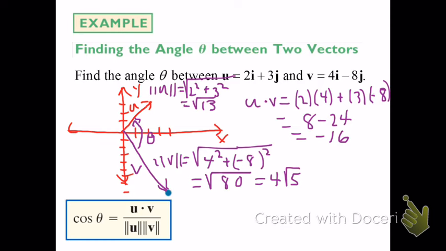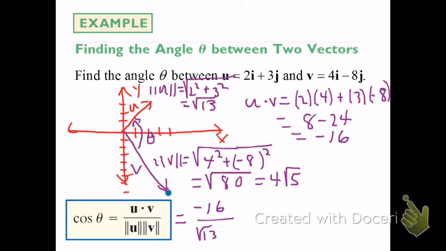Okay, so now we can find out what the cosine of theta is equal to here by plugging in the numerator and denominator stuff here. So let's put in our dot product of negative 16. And we have a magnitude of u, which is the square root of 13.